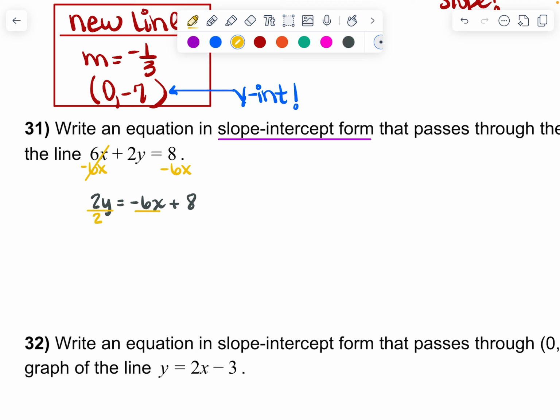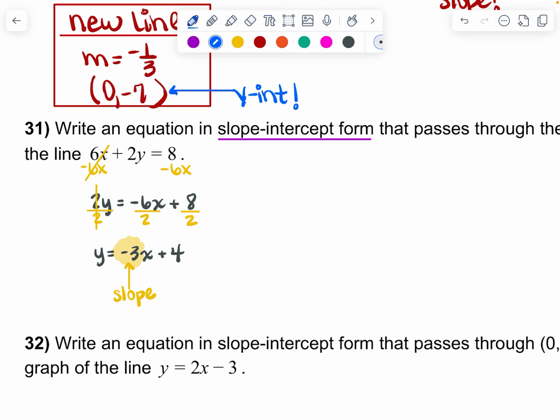And then I need to divide everybody by 2. So that gives me y equals -3x plus 4, which means that his slope is -3, right?